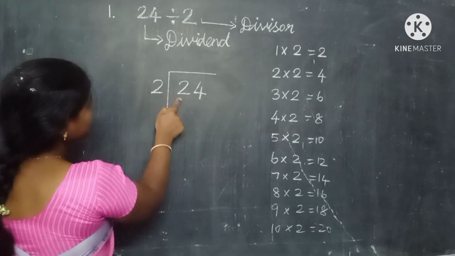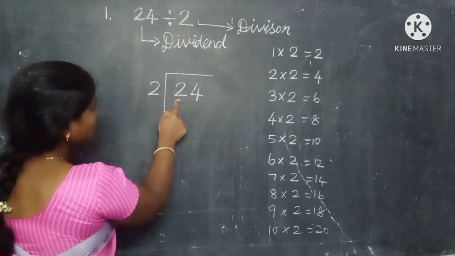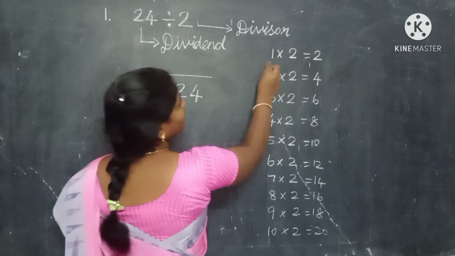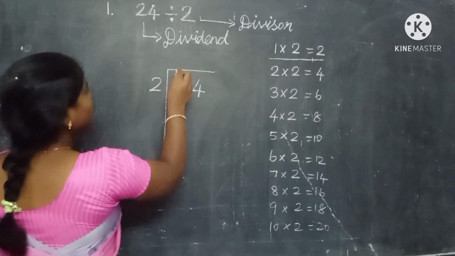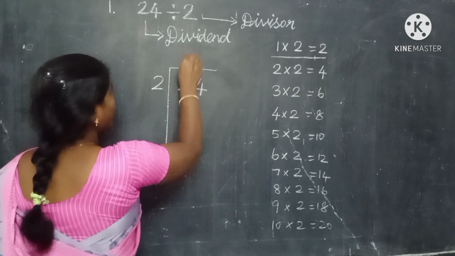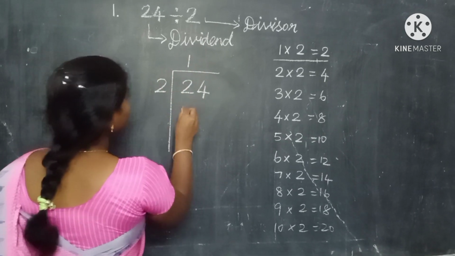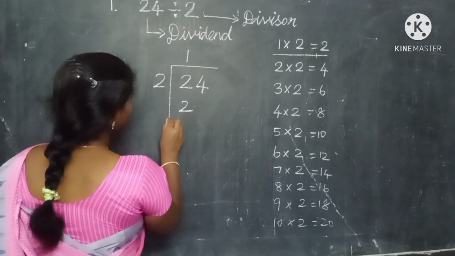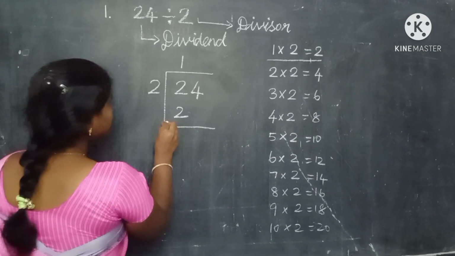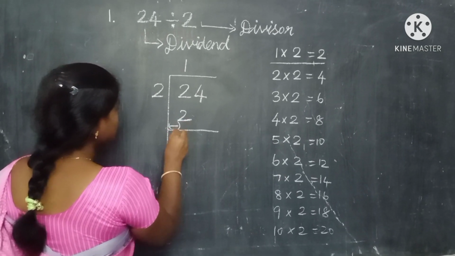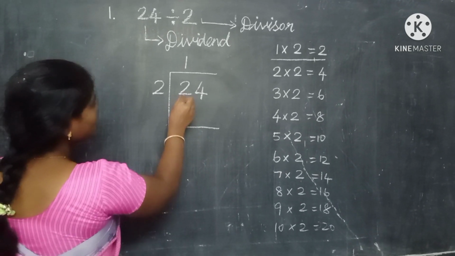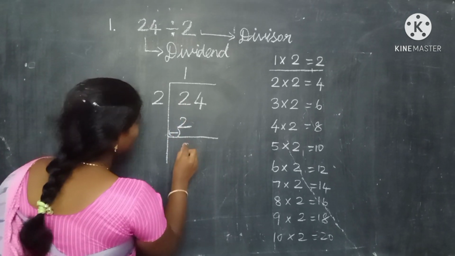Next, compare this number. Here 2, here also 2. How many 2s are 2? 1, 2s are 2. So we write here 1. Next step. Here put the subtraction symbol. 2 minus 2, 0.